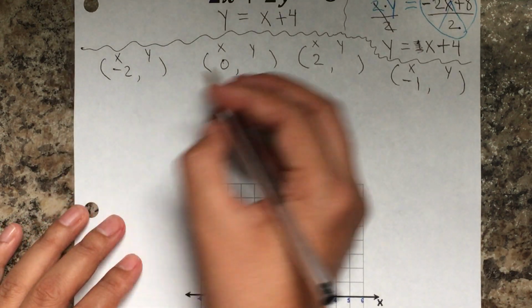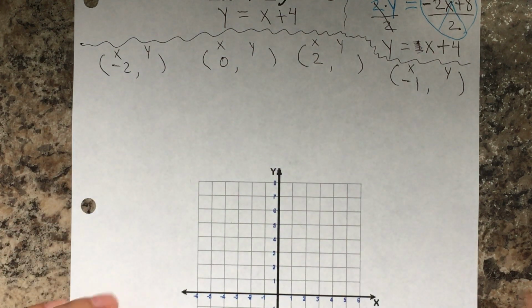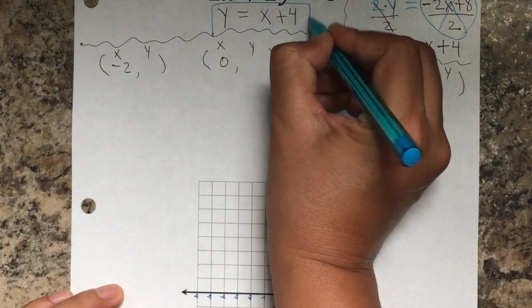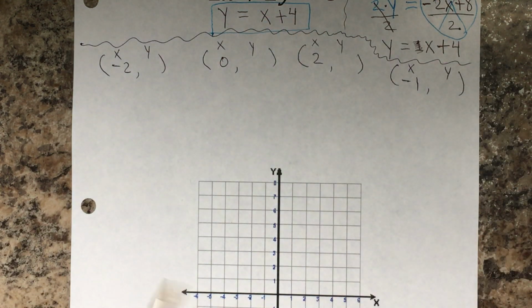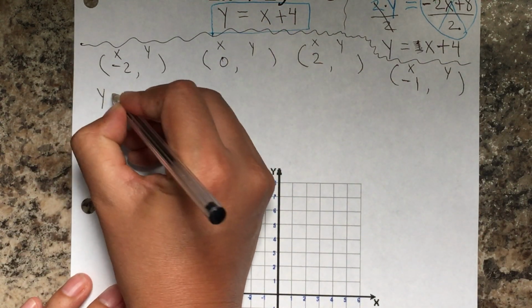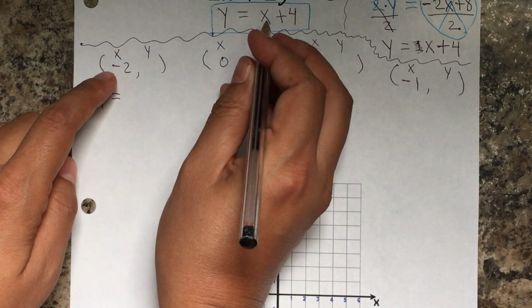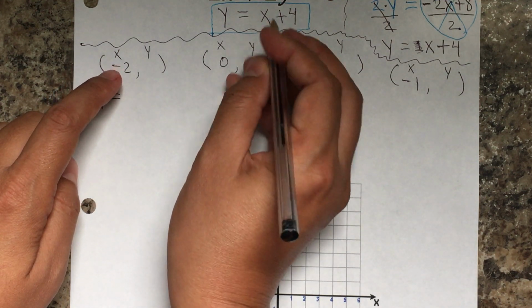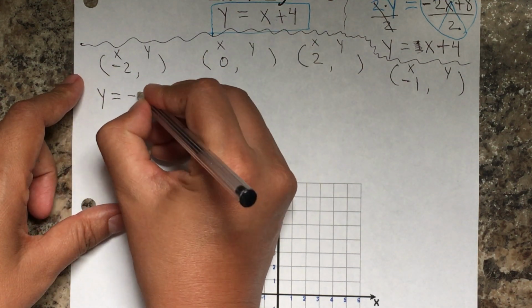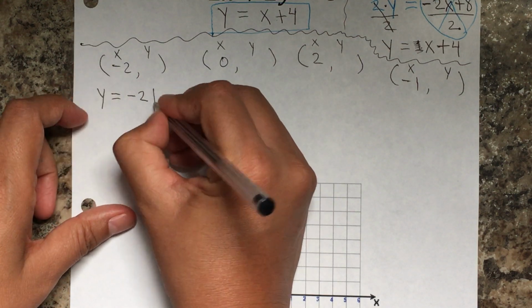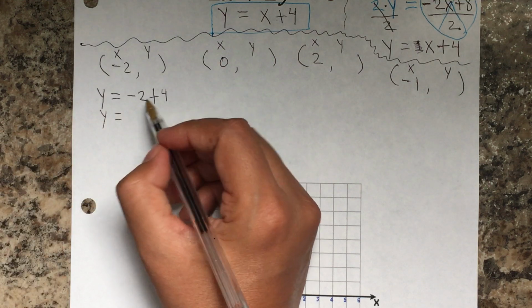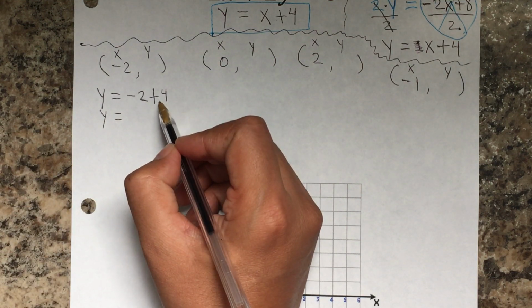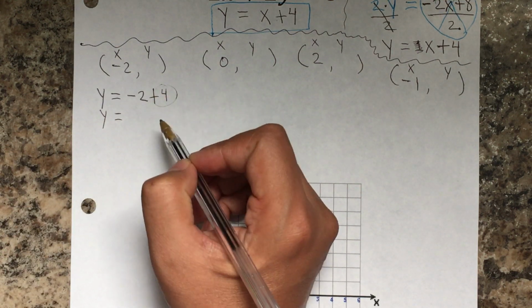Okay, so now that I have, this is the equation that I'm gonna use. Y equals x plus 4. So y equals x, but instead of x, I get rid of x and put the value in its place, which is -2 plus 4. So y equals a negative and a positive. I subtract and leave the sign of the bigger one.